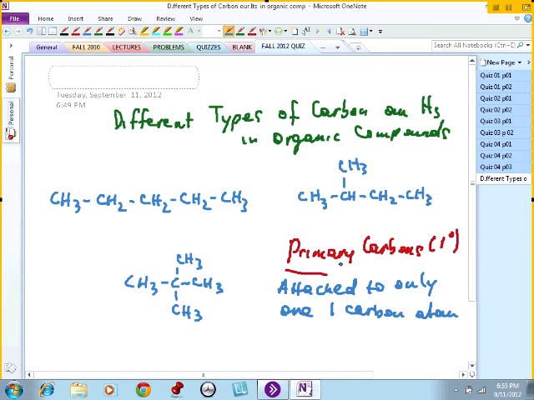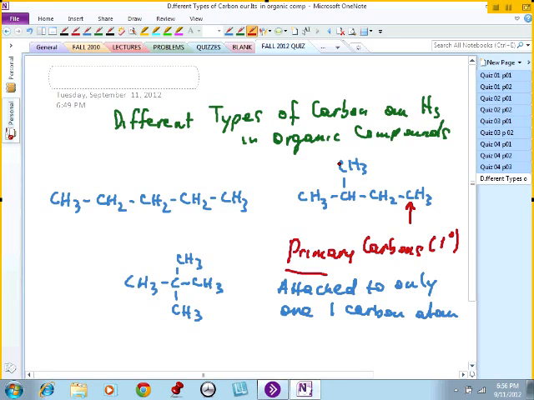In other words, if you look at this molecule here, this carbon we refer to as a primary carbon, because it is only attached to this one other carbon, that's all.